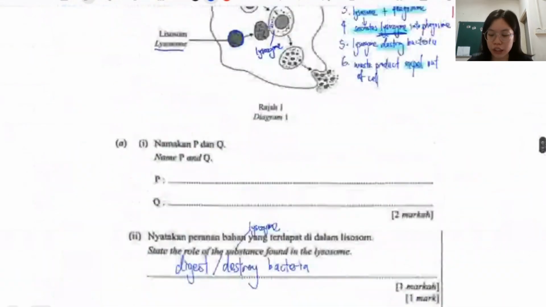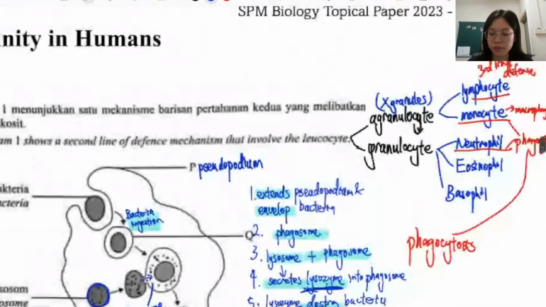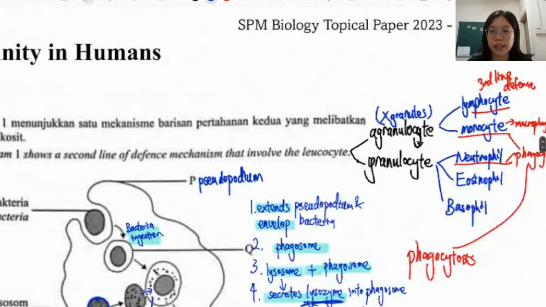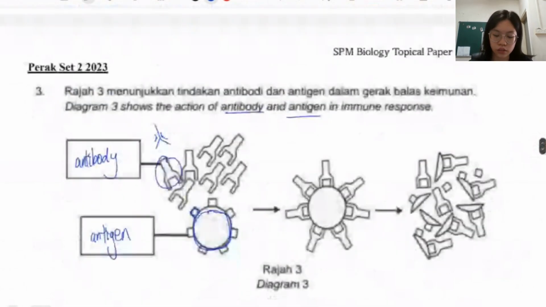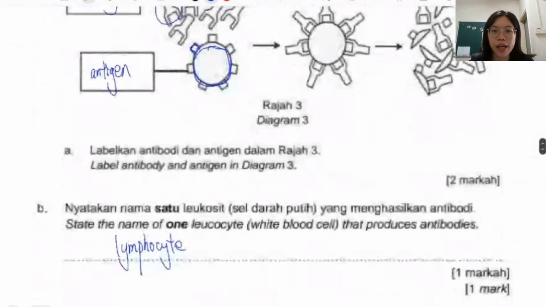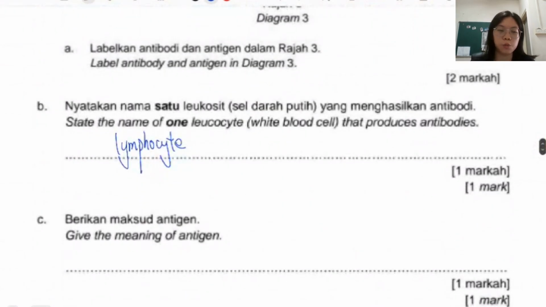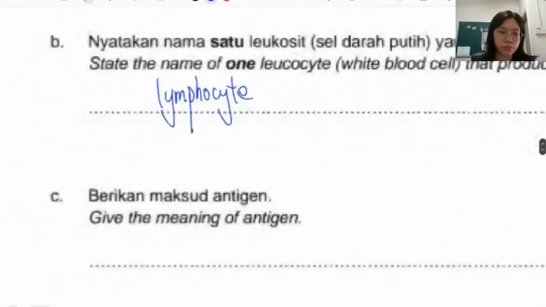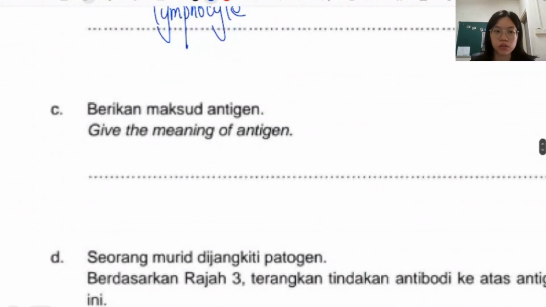So like what I mentioned just now, we have lymphocyte, monocyte, neutrophil, eosinophil, basophil. Remember that monocyte or the macrophage, and the neutrophil are the phagocytes that are involved in phagocytosis, which is the second line of defense. What about the third line of defense? Those are the lymphocytes that produce antibodies. Okay, and then they want you to define what is actually antigen. So it's actually the protein that can be found on where?